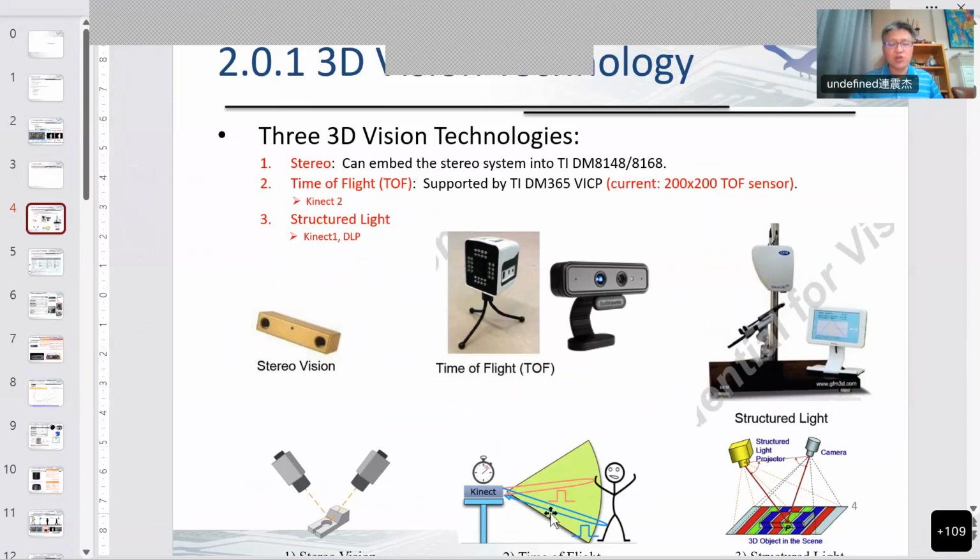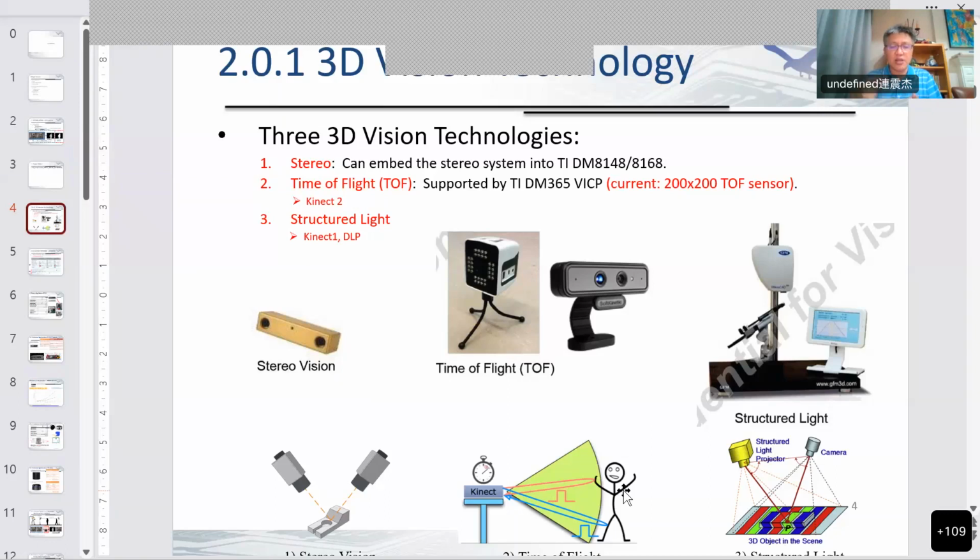Time of flight is like ultrasound or like a laser. It means you have a source and it projects a laser or ultrasound, and the flight time from hitting the object and flying back, they have a sensor here. So suppose the flight time is 10 milliseconds, and the other flight time is 20 milliseconds.